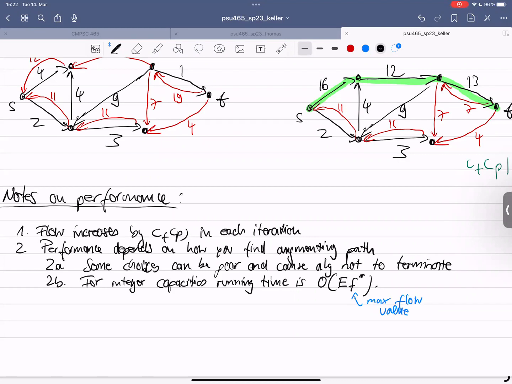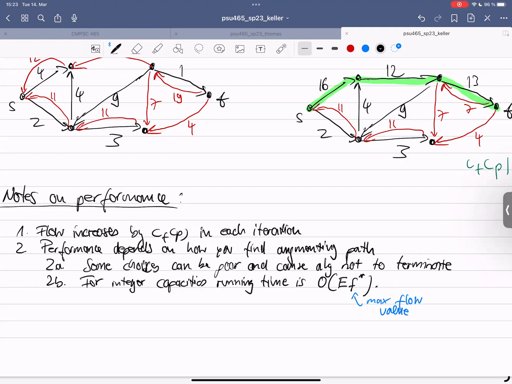And in each iteration, the critical thing that you have to do is finding a path from S to T in the residual network. And you can do this using your favorite algorithm, either BFS or DFS, anything that finds a path from S to T. And this takes time, as you have learned already, order m plus n.